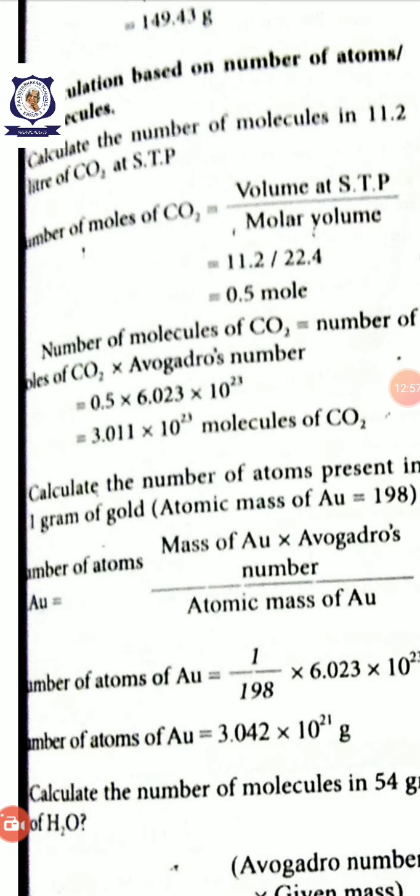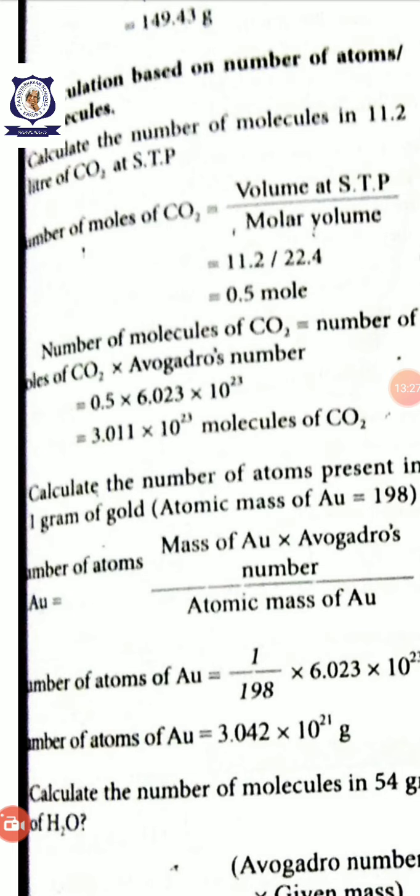So number of atoms is equal to, while simplifying this, we reduce the power 23 to 20 in 6.023 and then divide by 198.